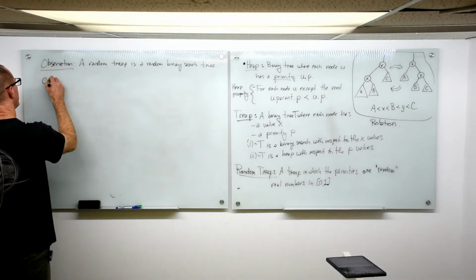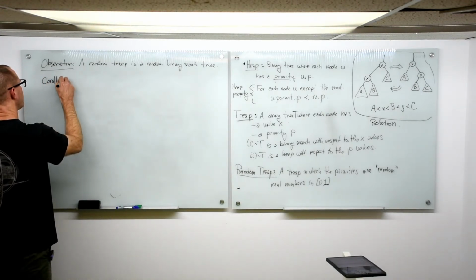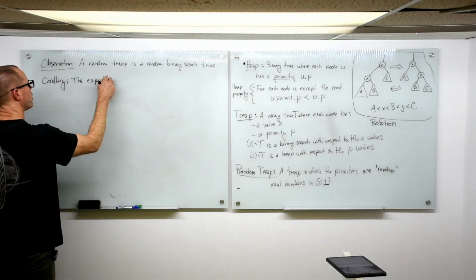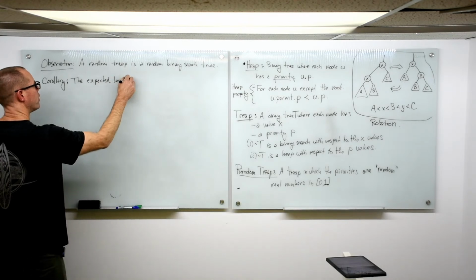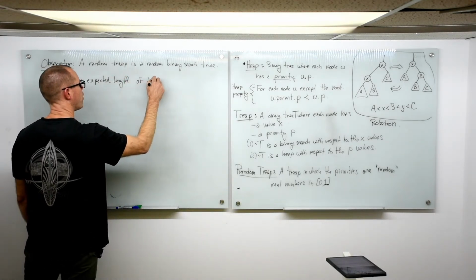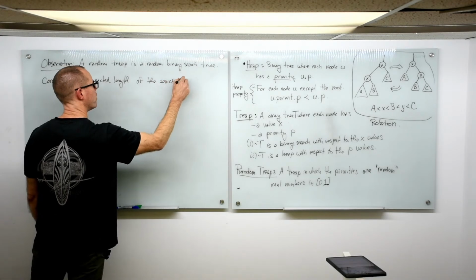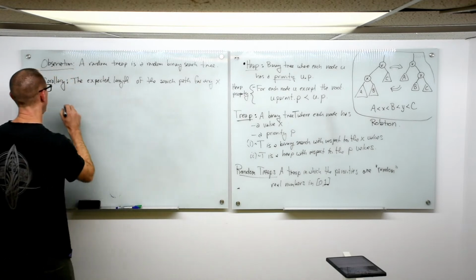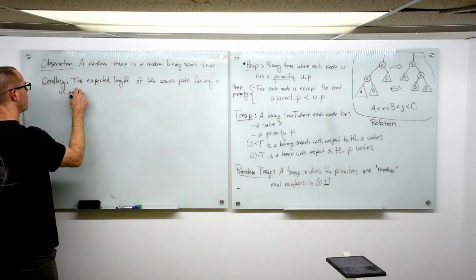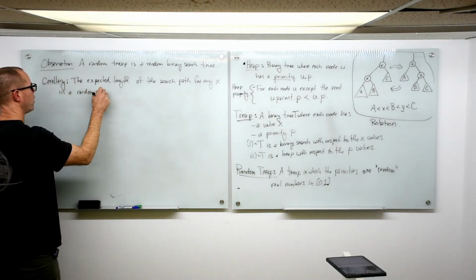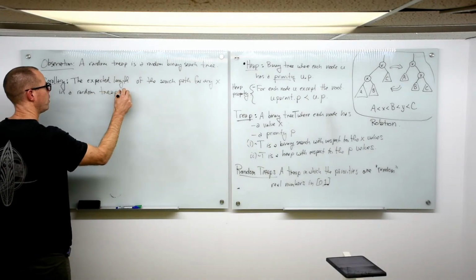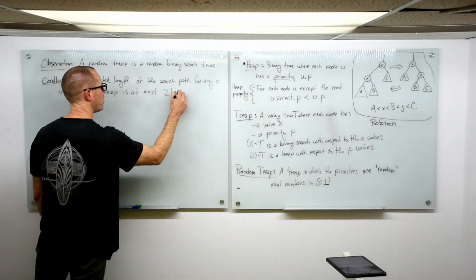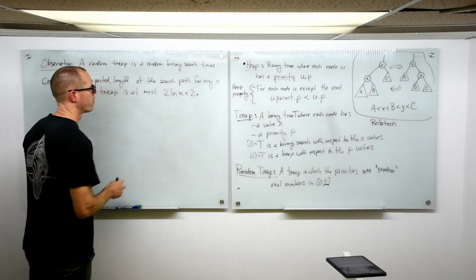And that has a consequence. The expected length of the search path for X in a random treap is at most 2 times the natural logarithm of n plus 2.